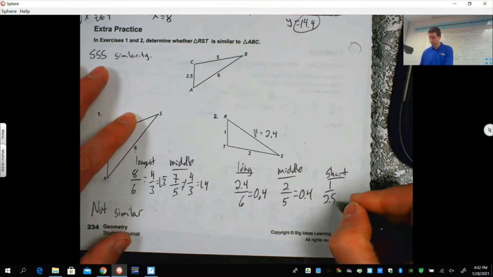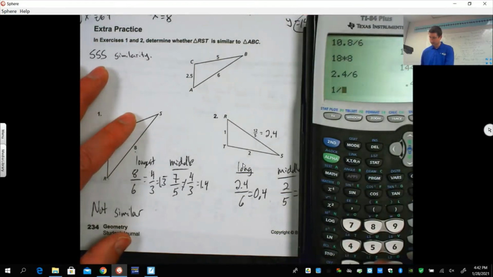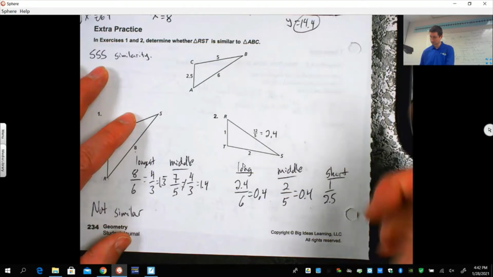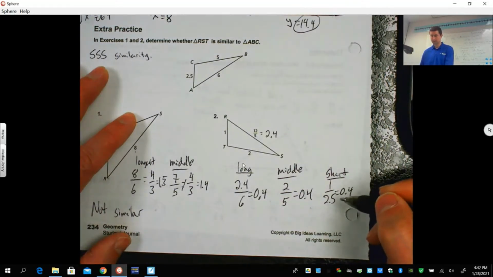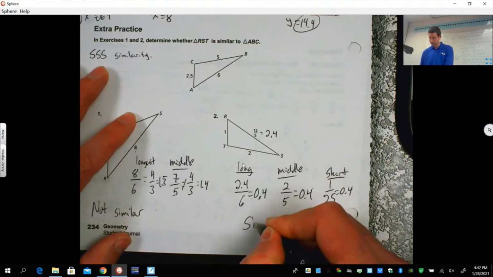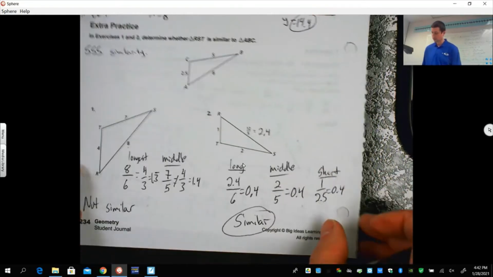Let's divide that out, see what that gives us. What do you know? There's another 0.4. So this one is yes, they are similar. There's your proof. The long sides are proportional, the middle sides proportional, and the shorter sides.